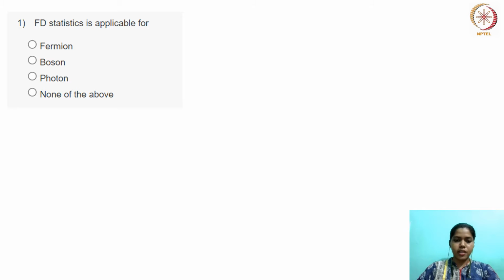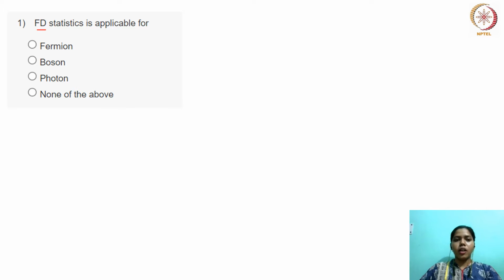So let me take this pen. So the first question is, FD statistic is applicable for. So here this FD is basically your Fermi-Dirac statistics. So it is asking that Fermi-Dirac statistics is applicable for which of the particle. So the first option is fermion, second option is boson, third option is photon, and the last one is none of the above.